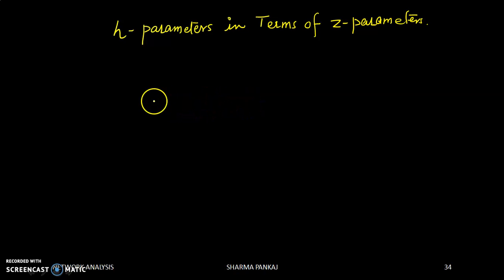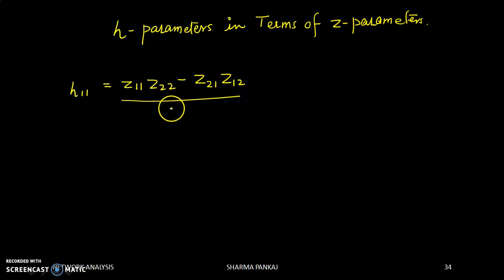That is, H11 is equal to Z11 Z22 minus Z21 Z12 upon Z22, that is delta Z upon Z22.